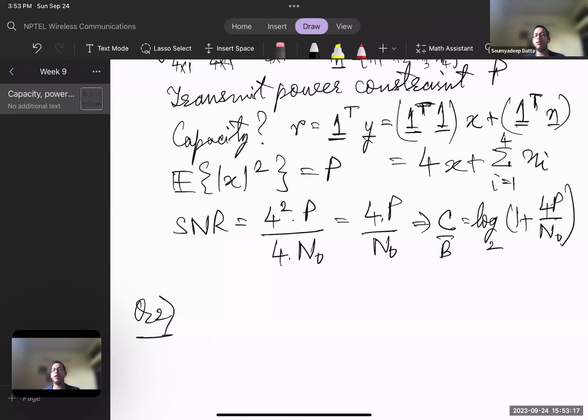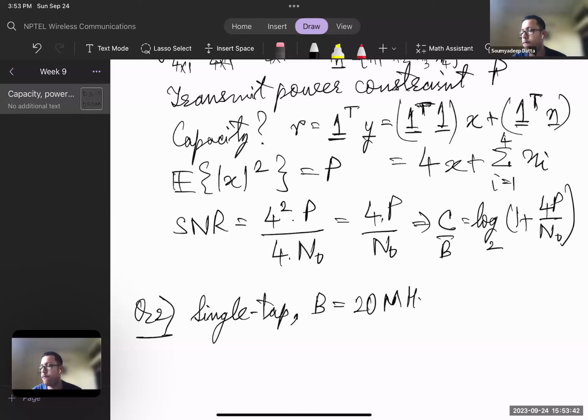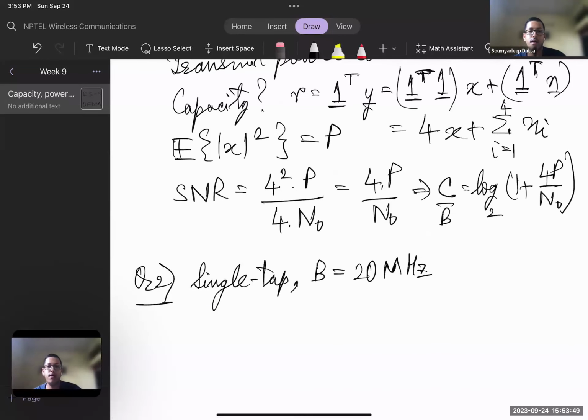Let's say you are given a single tap channel, which essentially means that it is not frequency selective, so you don't need to bother. Single tap channel and bandwidth is, let's say, 20 megahertz. This is typical for 5G.